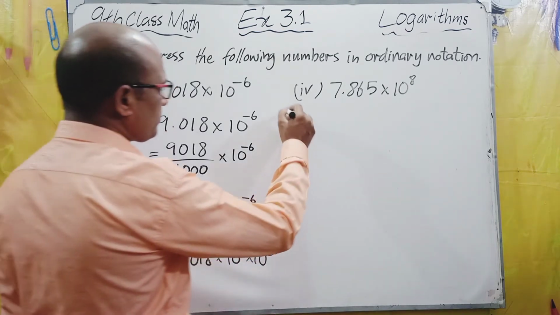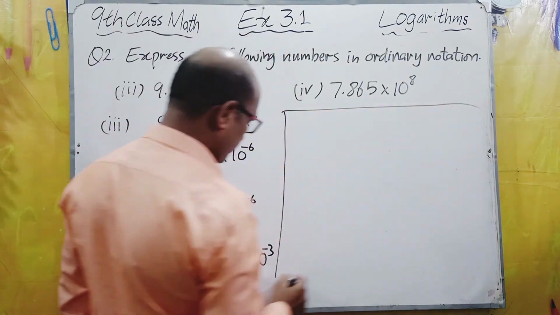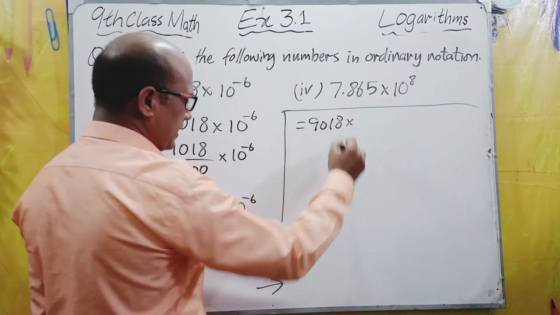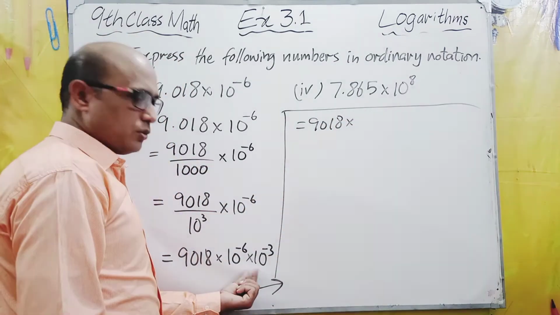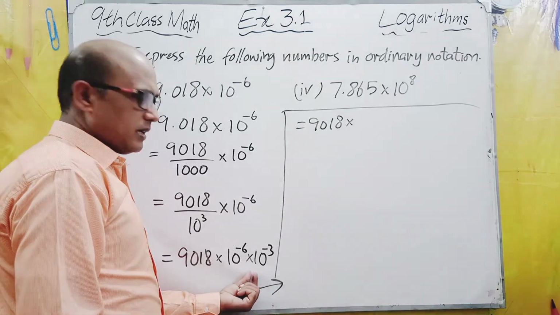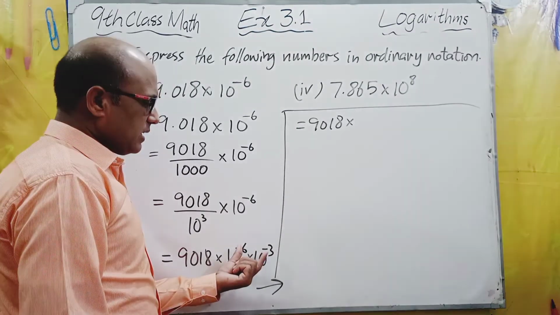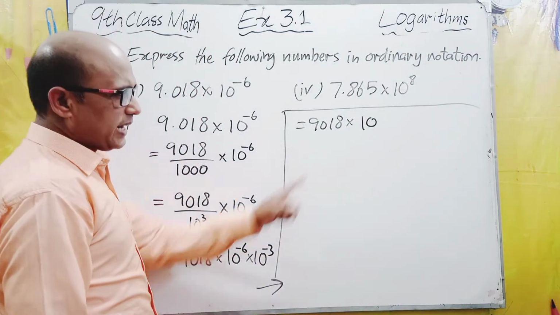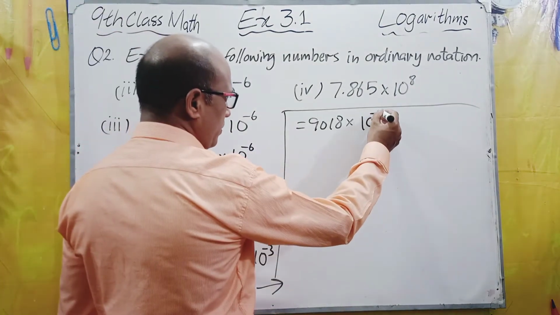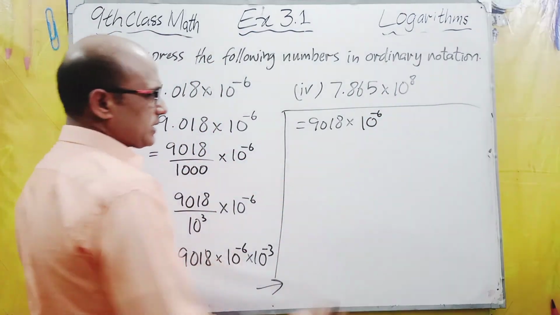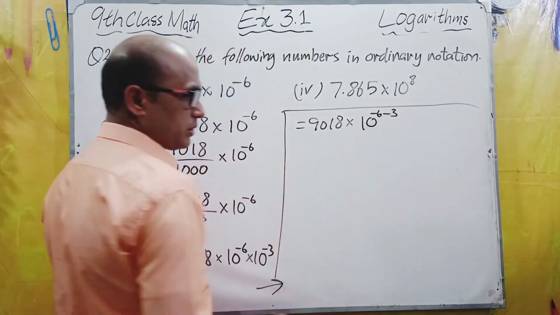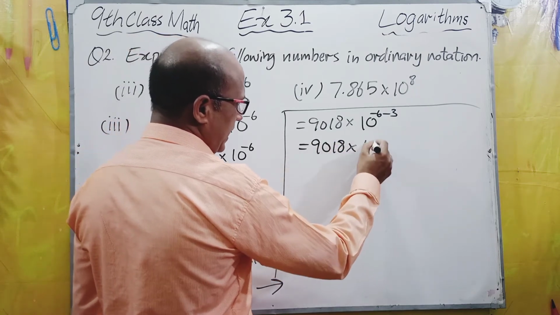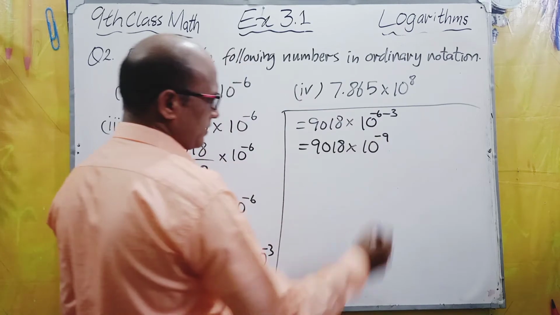So now 9018 will be written as it is, and when there are the same bases, the powers or exponents are added. So 10 and 10 are the same, so we write it once and the powers will be added. It will be written minus 6 minus 3 according to their signs: 9018 multiplied by 10 raised to the power minus 9.